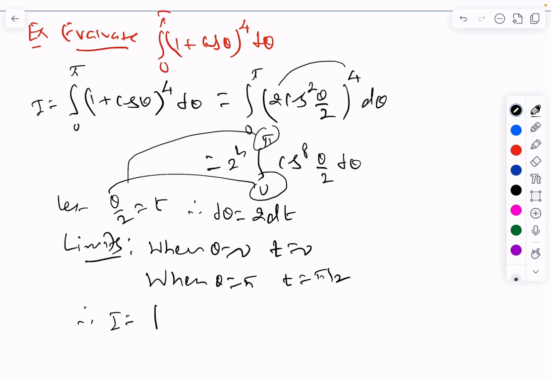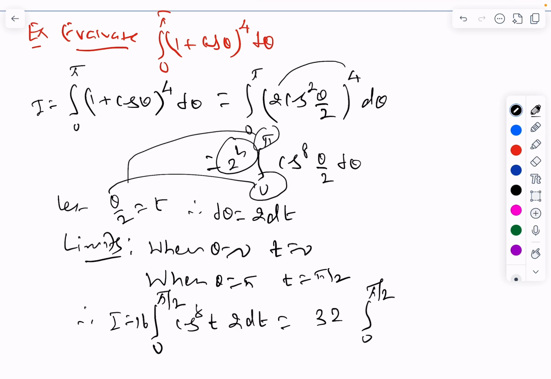So therefore I is equal to integration 0 to pi by 2, 2 power 4 that is 16, cosine power 8 t, and d theta is 2 dt. So this is equal to 32 integral 0 to pi by 2 cosine power 8t dt.